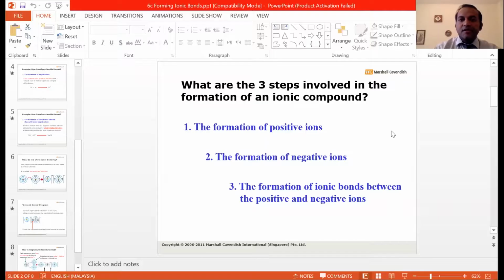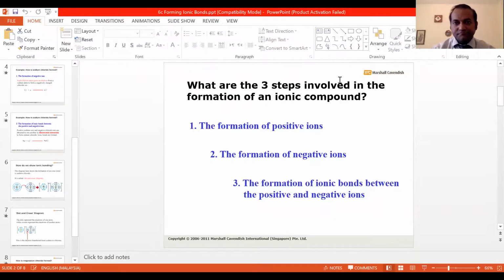Today we want to see the formation of ionic compounds. After you form the ion, how can you form the bonding? This is just continuing from whatever you have learned before. It's not something new.